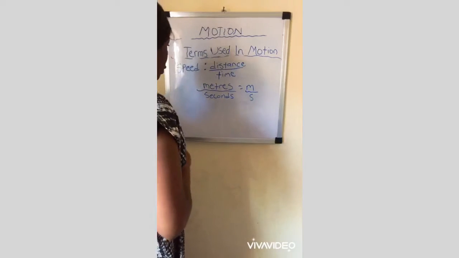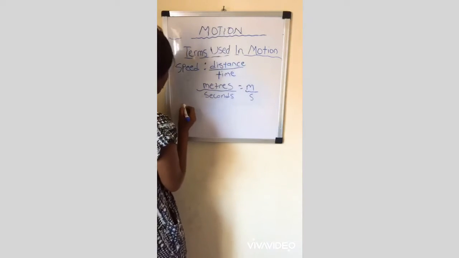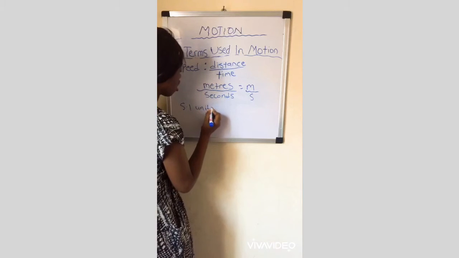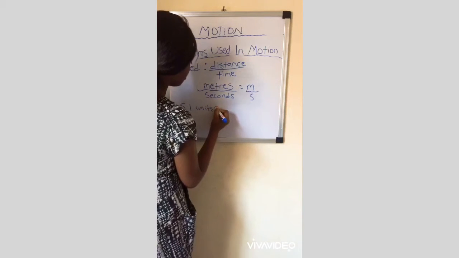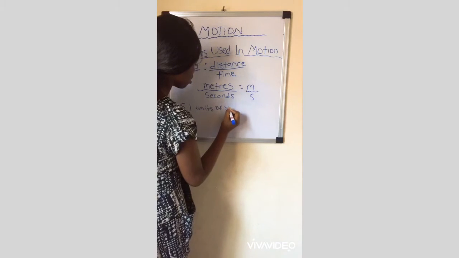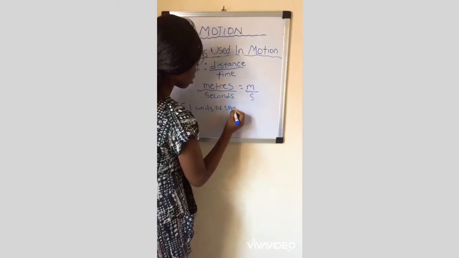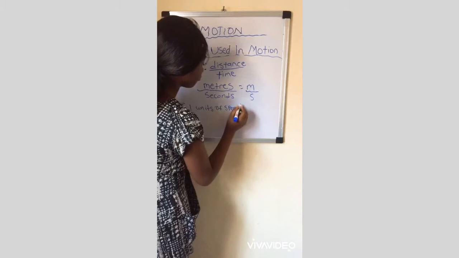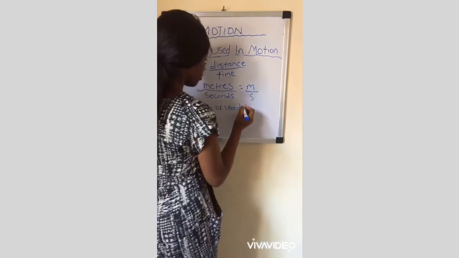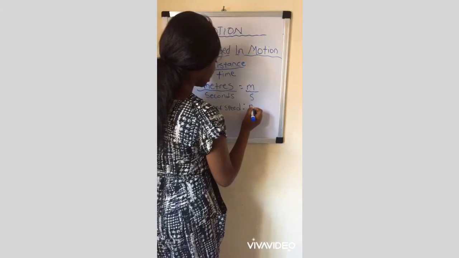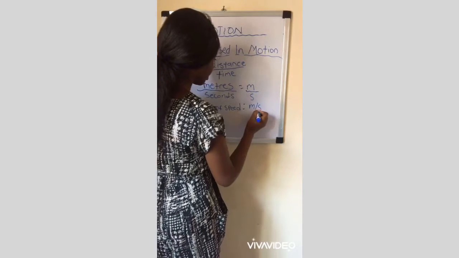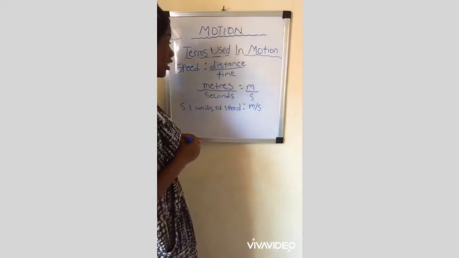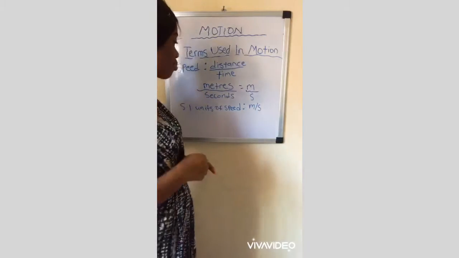So therefore, the SI unit of speed is meter per second.